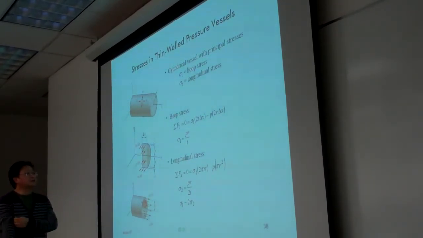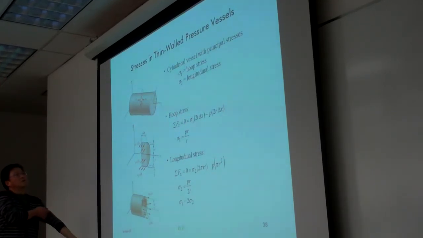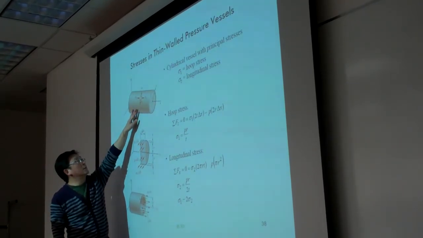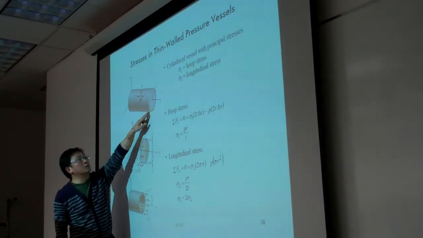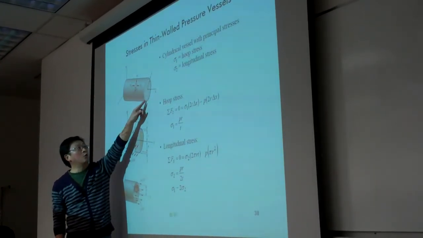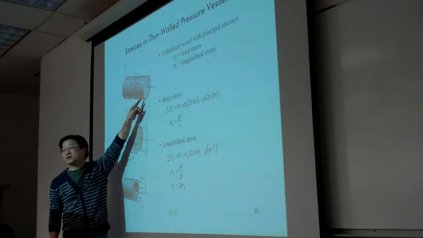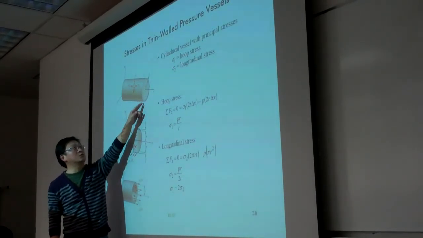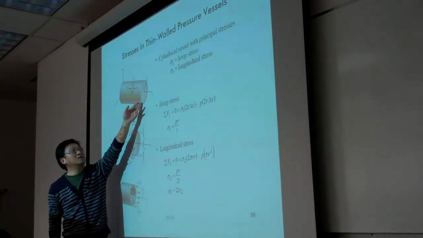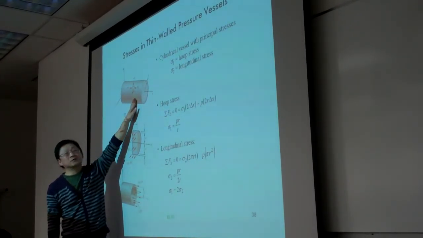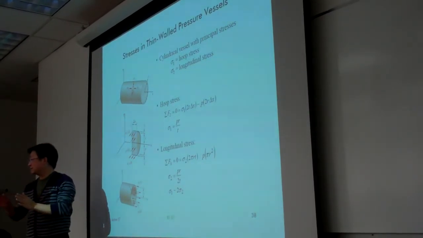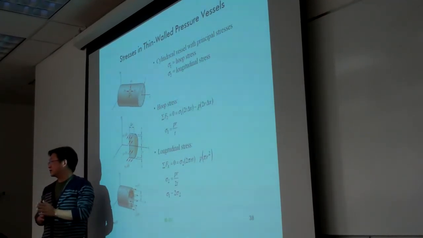So under these situations, for the stress through the thickness, we can assume it is pretty much uniform. Since the thickness is small, we can assume the distribution of the stress at the interior surface, anywhere inside the wall, or at the outer surface should be the same, without big deviations.